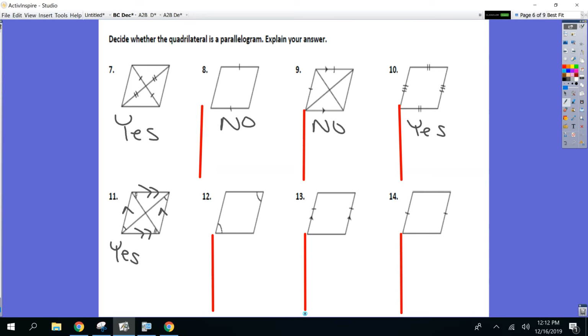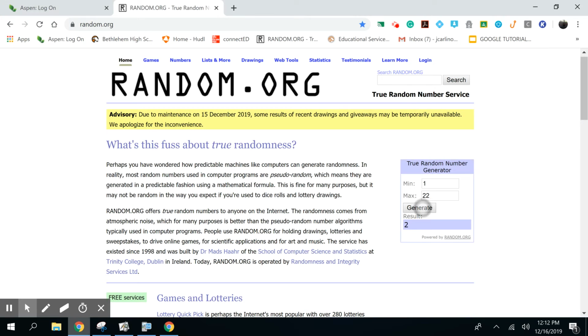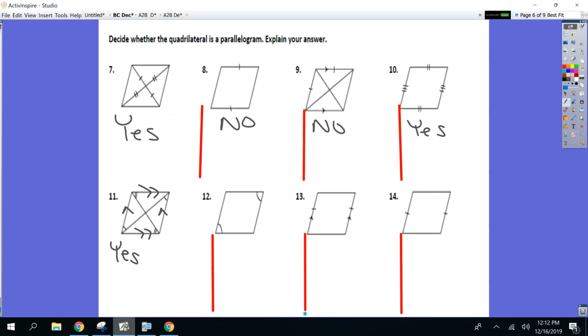All right. 12. Here we go. Question 12. Yeah. The property's what? Both pair. Thank you. Not one pair, both pair. So that's why that's a big no spot.